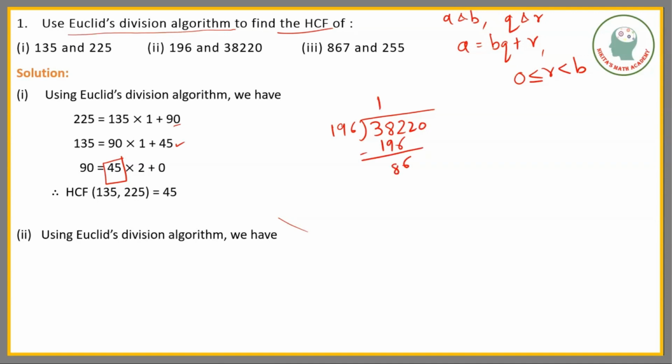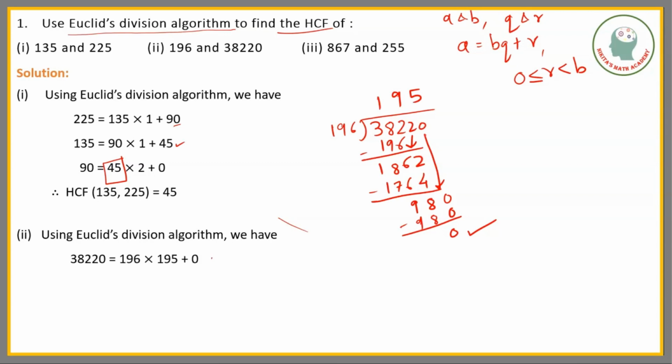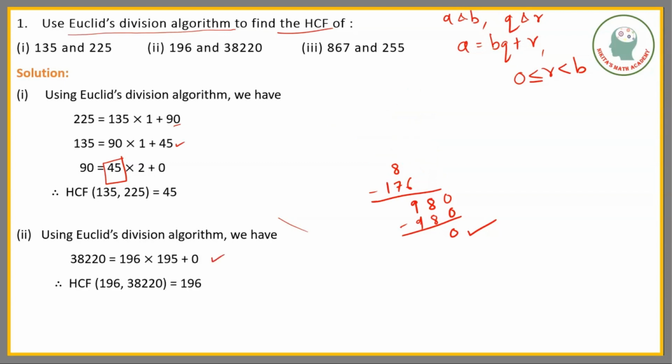You will find that after dividing, we are getting remainder 0. So in the first step only we are getting remainder 0. This means that 196 is our HCF. So what we did, we just simply divided it. Here we got remainder 0 in the first step only, so we got our HCF as 196.